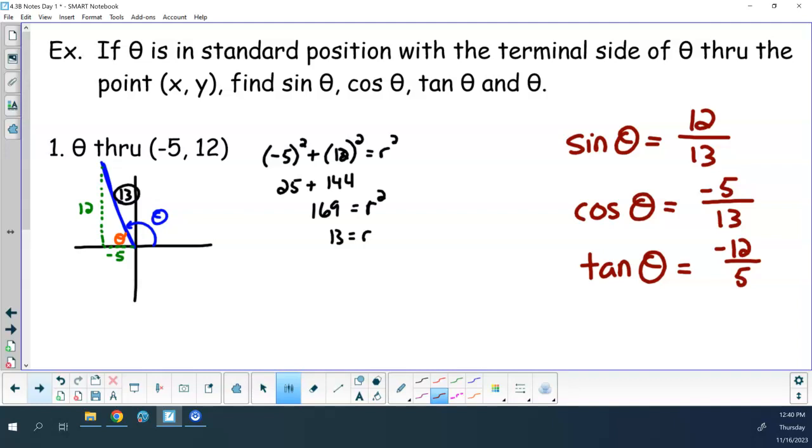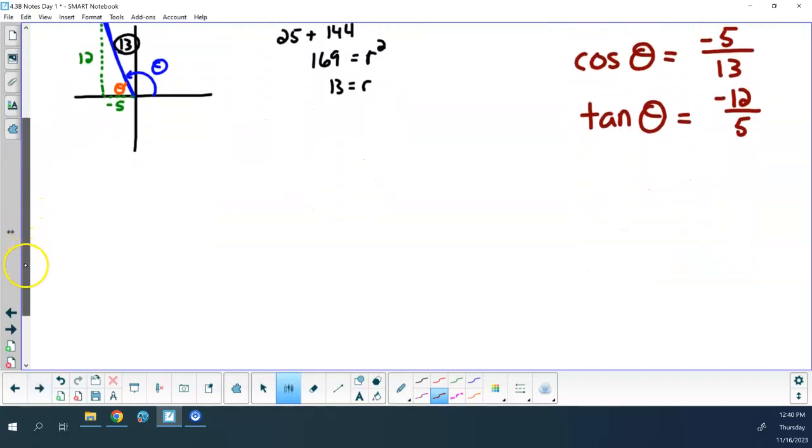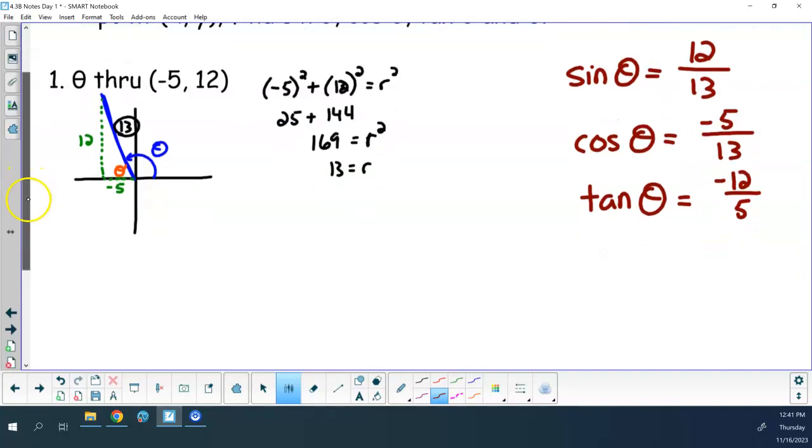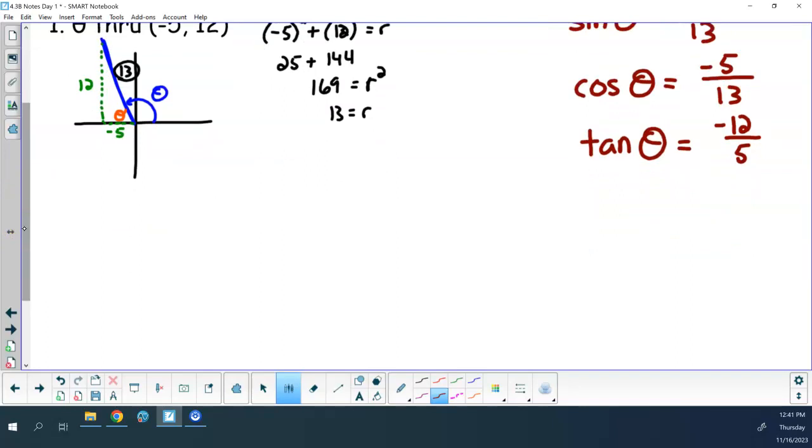Now, we need to find actual theta. Okay? So, to find actual theta, I am going to break out this little triangle that we just made.